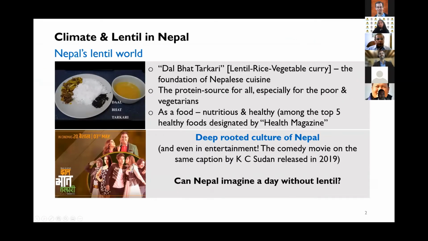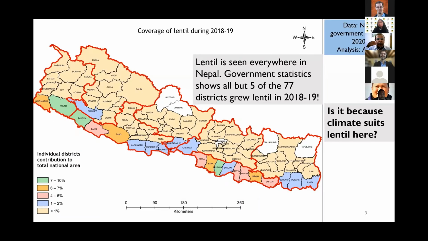The crop lentil is deep-rooted in Nepalese culture, as we have heard already. Dal bhat and tarkari is the foundation of Nepalese cuisine. This iconic combo meal also shares captions in the entertainment industry in Nepal. In short, Nepal cannot imagine a day without lentil. In fact, Nepal cannot imagine a landscape without seeing lentil plants growing there.